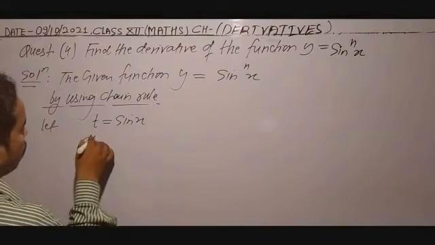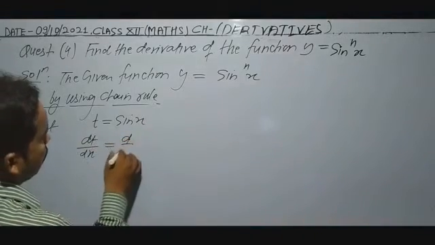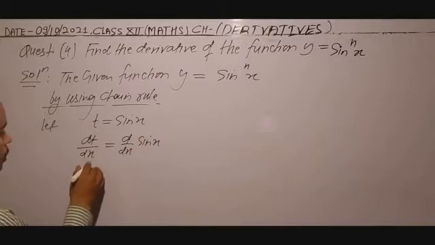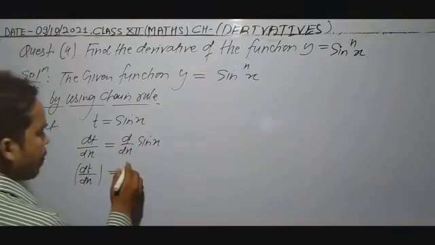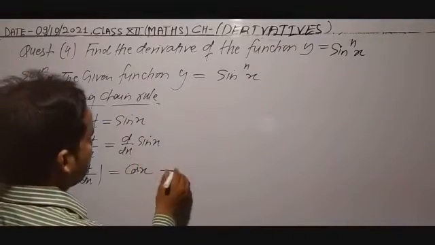So when you operate d by dx on both sides, d by dx of sin x, now the dt by dx format will be cos x, because d by dx of sin x is cos x.